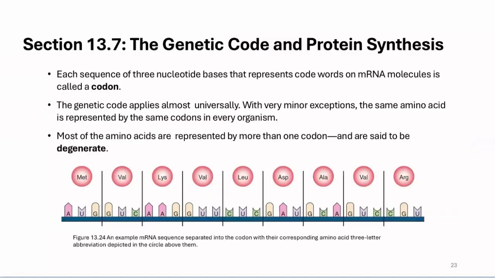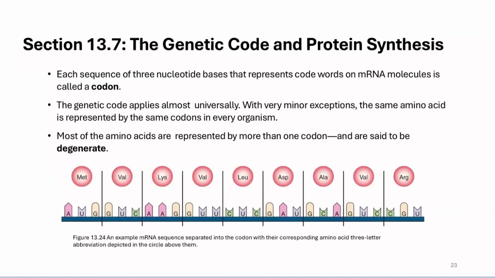In order for mRNA to code for amino acids, that RNA molecule needs to be taken from the nucleus into the cytoplasm. Then, during the process of translation, the RNA sequence is going to be, in a way, separated into codons.